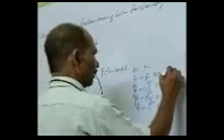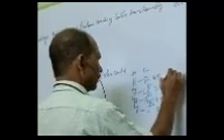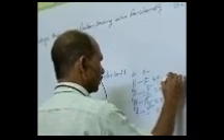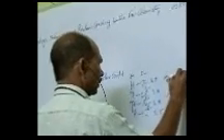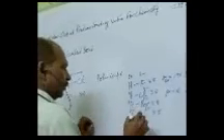The dipole moment of HF is 1.91 D. What is D? I have to explain.